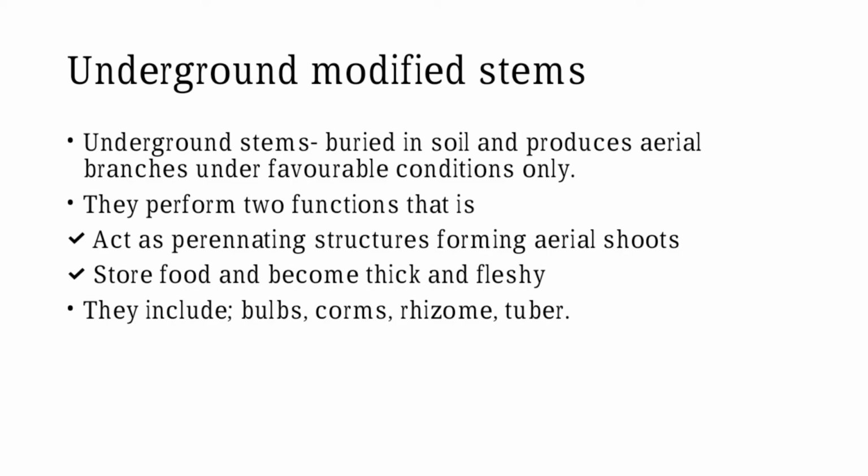Let's continue and look at underground modified stems in detail. Underground stems are buried within the soil and are able to produce aerial branches when conditions are favorable. They perform two main functions. One, they act as propagating structures.